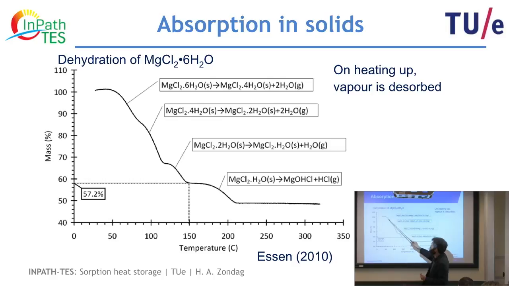So you can see we start with the 6 hydrate, and then the 6 hydrate loses water vapor and goes to 4 hydrate. Then the 4 hydrate goes to 2 hydrate, then the 2 hydrate goes to monohydrate, and then we see a hydrolysis effect where HCl is produced. The reason why I show this curve is that you can really see that the water vapor comes off in a number of distinct steps, each having its own equilibrium temperature.